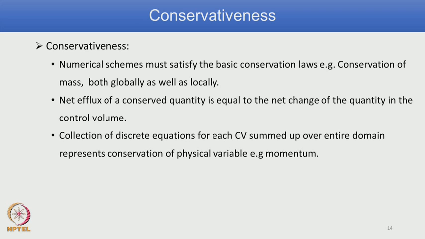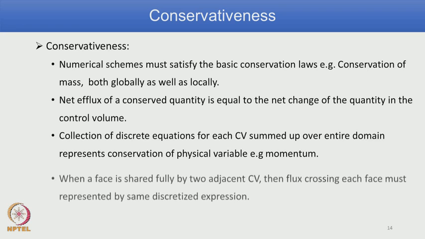So, the collection of discrete equations for each control volume is summed up over the entire domain, and it represents conservation of the physical variable. So, if you are trying to get the definition of conservativeness explained using a variable, say momentum, then that should be satisfied for the entire domain.